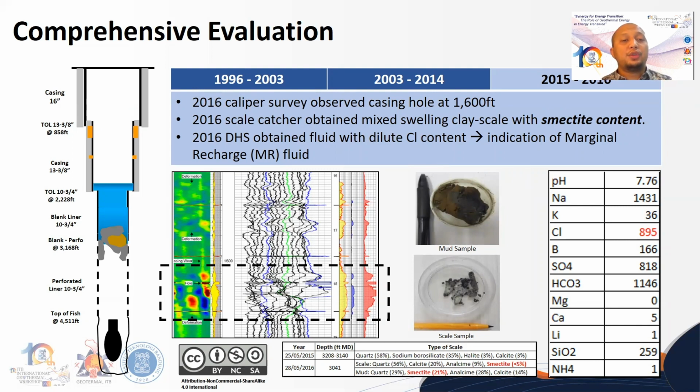Then we continue to investigate this wellbore situation Awi-4 by conducting the downhole sampling in 2016, and we successfully got the sample. And based on the lab analysis, the fluid content is diluted with chloride, which is indicating the crude influx or marginal recharge coming into this well.